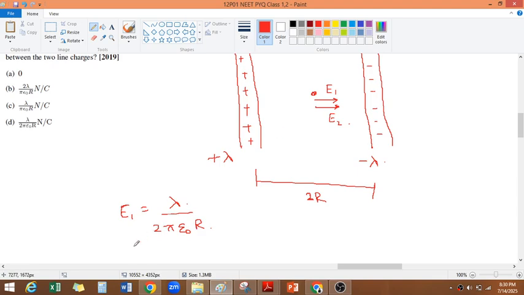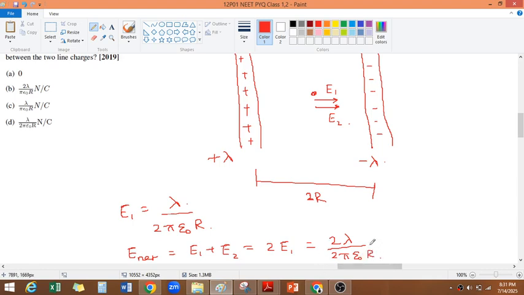So the E net will be E1 plus E2, which is nothing but 2 times E1 because both are the same, which means it is 2 times lambda divided by 2 pi epsilon naught r.